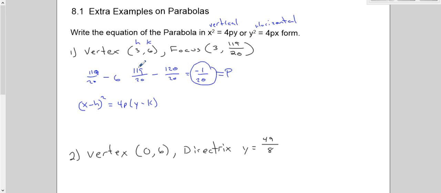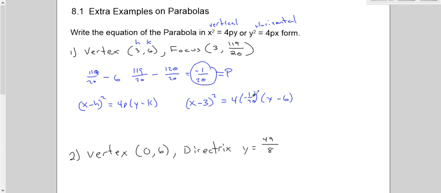All right, so now I'm going to just plug in the numbers for h and k and for p. So x minus 3 squared equals 4 times negative 1 over 20, times y minus k, which is 6.